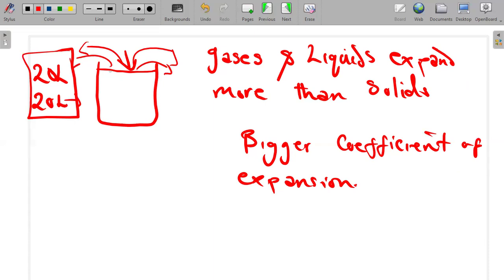Why is that? It's because the volume of the liquid inside the tank has expanded at a higher rate, or has expanded more than the expansion of the tank.